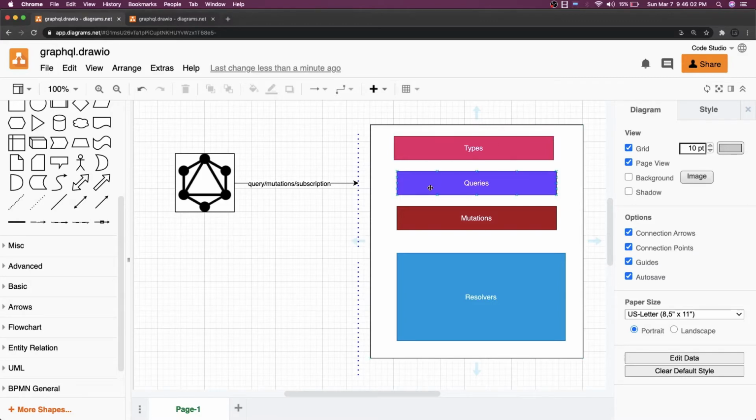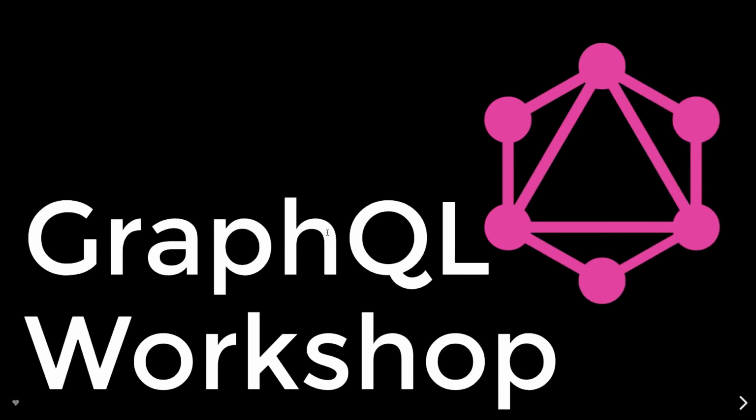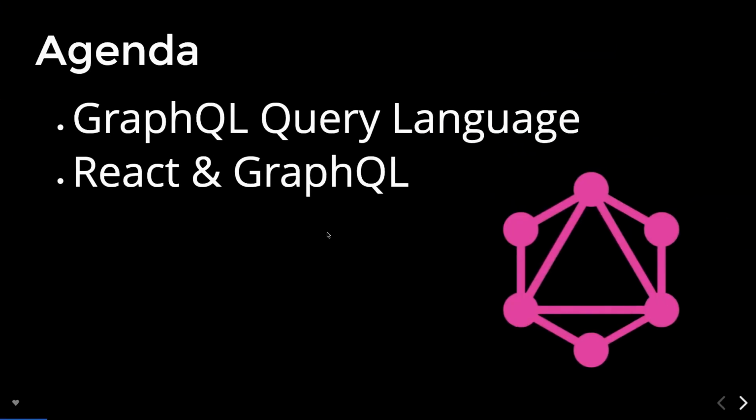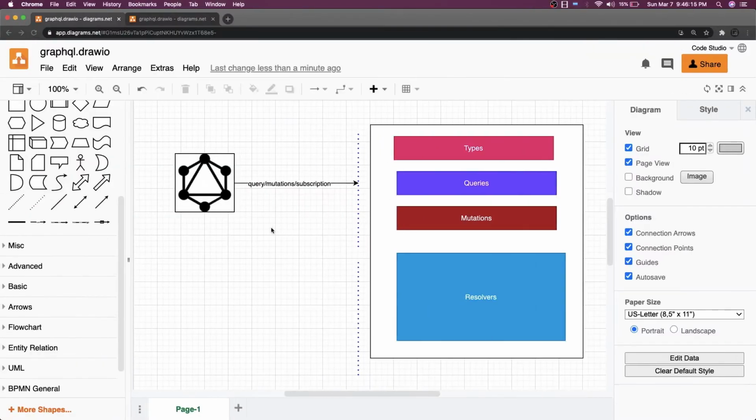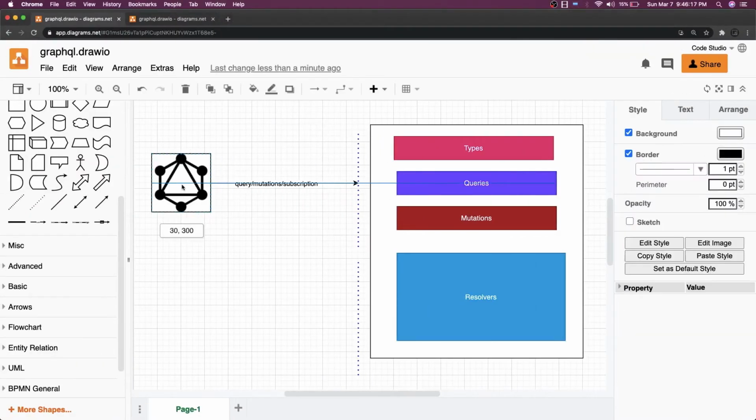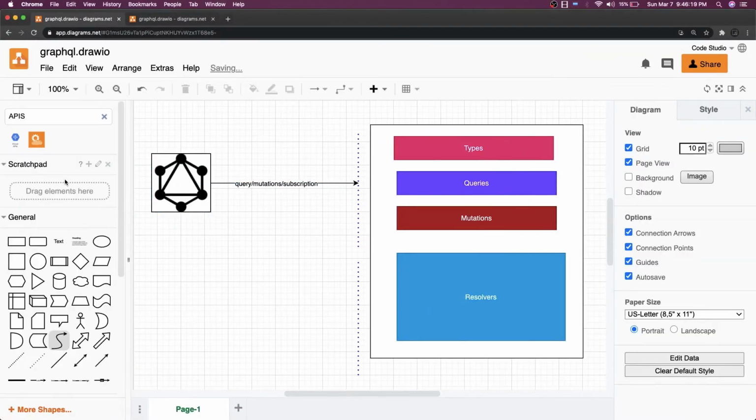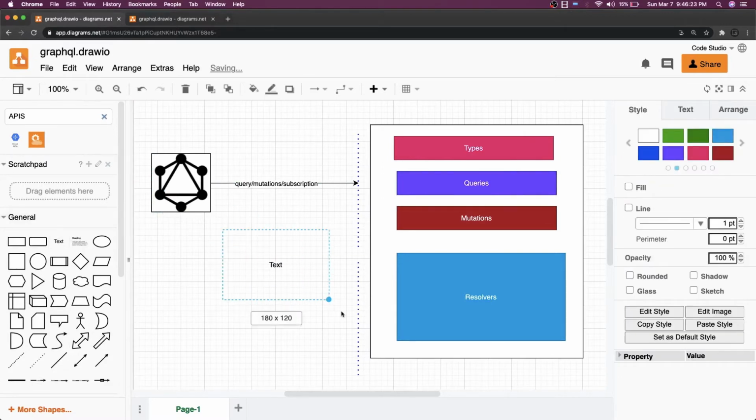Okay. Now we'll talk about the GraphQL workshop, and we will start talking about what is GraphQL, right? We are talking about GraphQL query language, right? So whatever we are going to send from this GraphQL client. So we discussed that we are going to send a query and mutation.